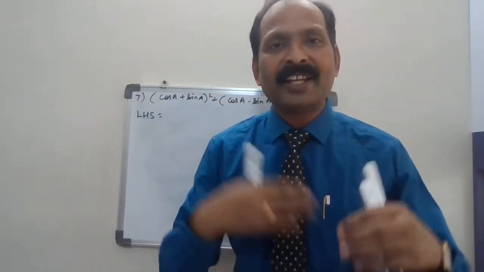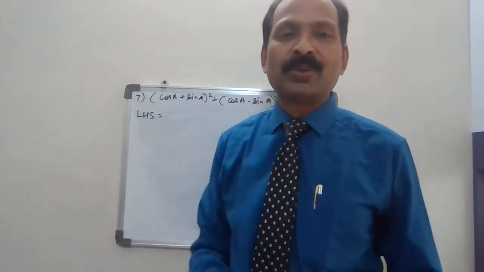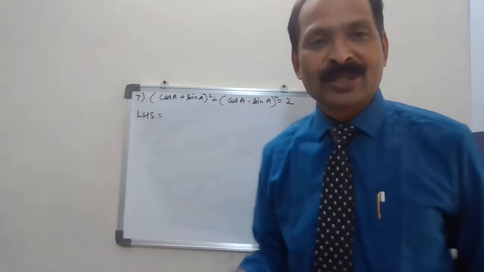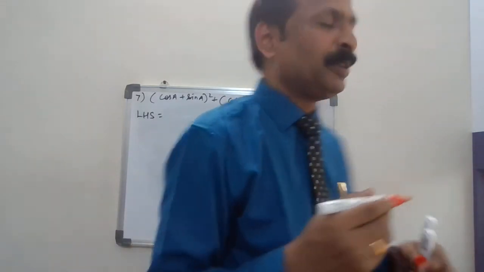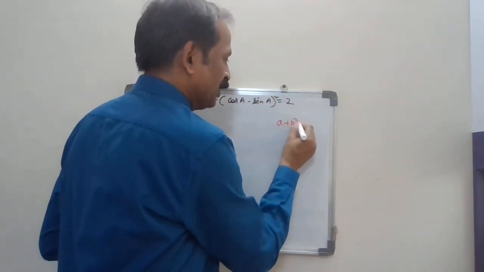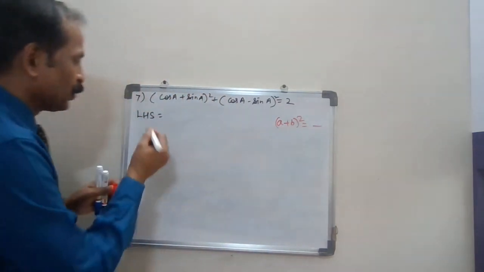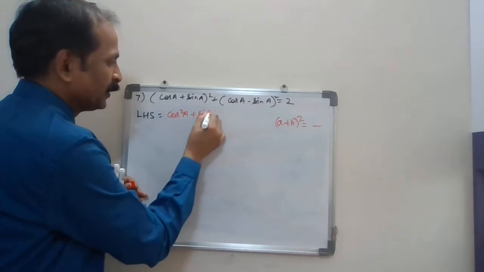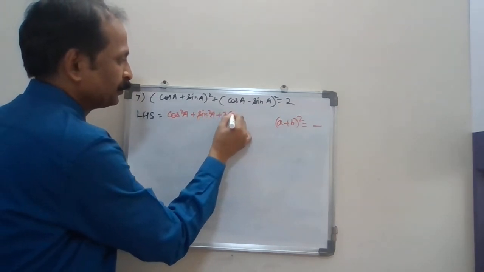They have a relation when there is a square, and here there is no square. So better you open the bracket. It won't take much time. Everyone knows A plus B the whole square is A square plus B square plus 2AB. So it is A square plus B square plus 2AB.